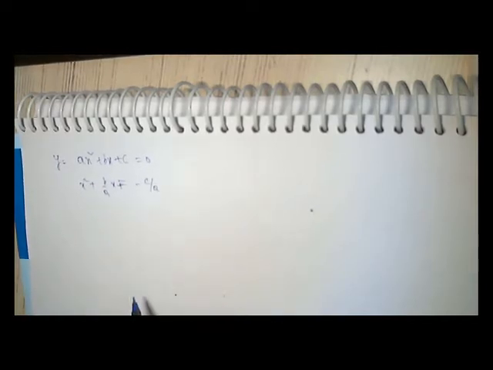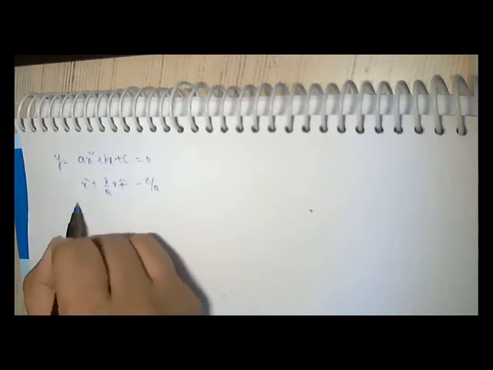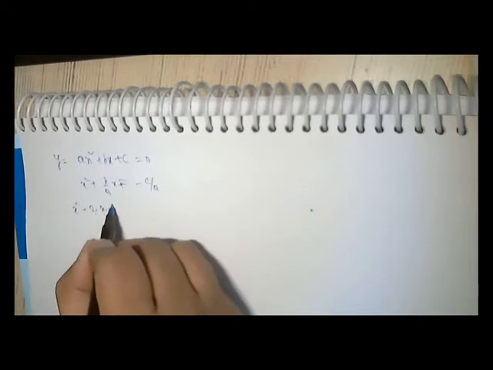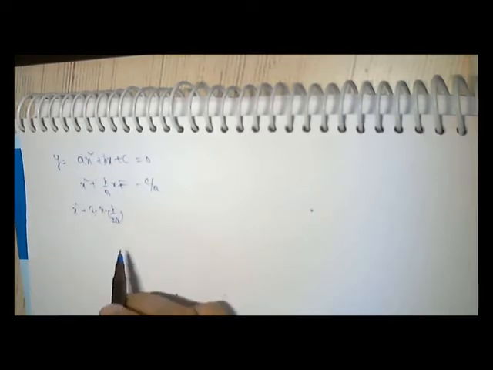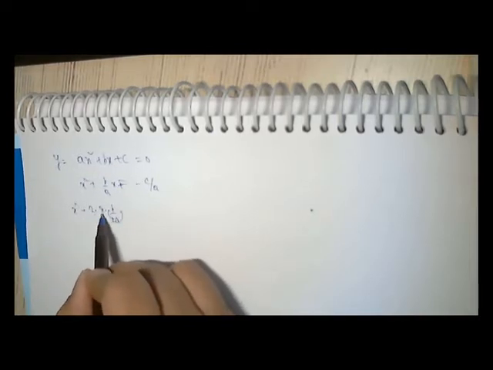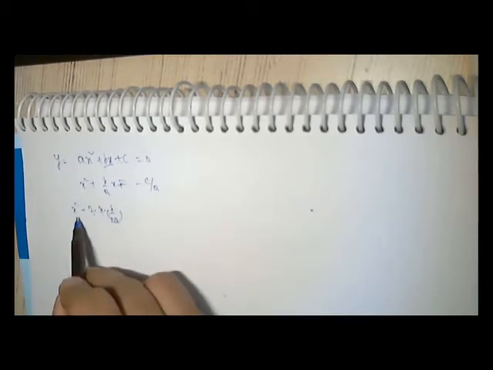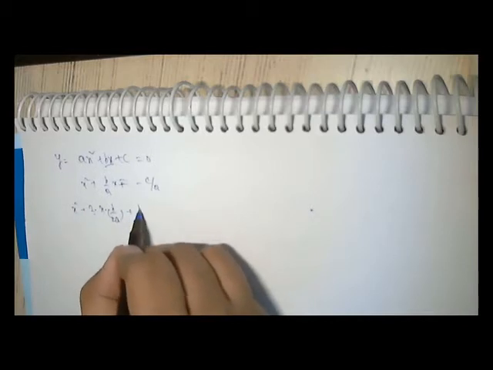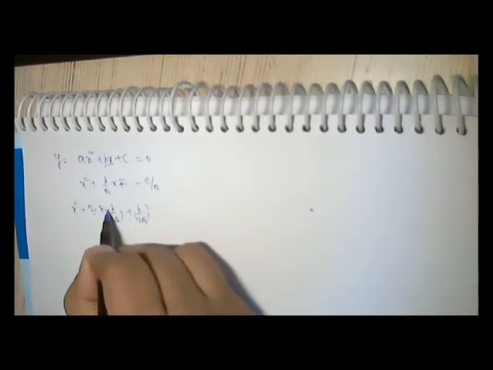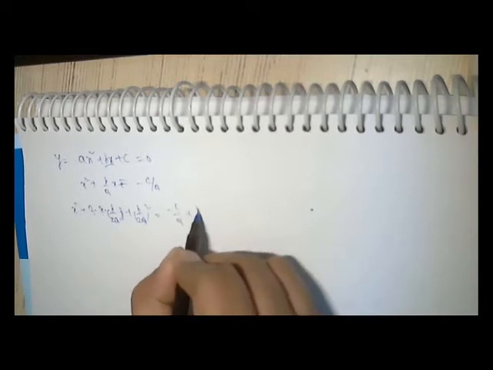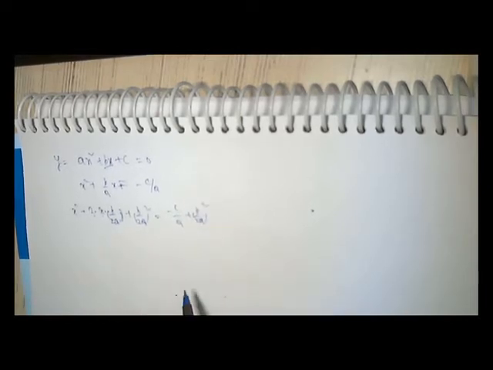Now x square plus 2 into x into b by 2a, because the 2 gets cancelled and it becomes bx by a. But I am writing it as 2ab. So plus b square, because this is identified as b, so I am putting b square, is equal to minus c by a plus b by 2a whole square.